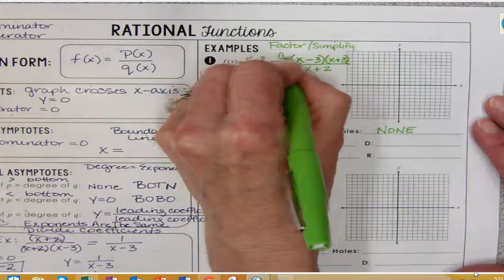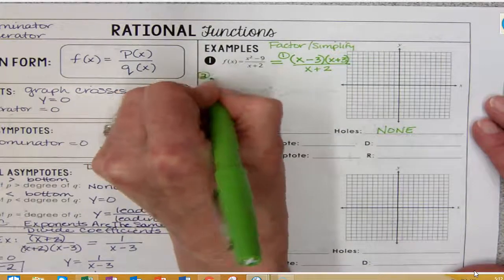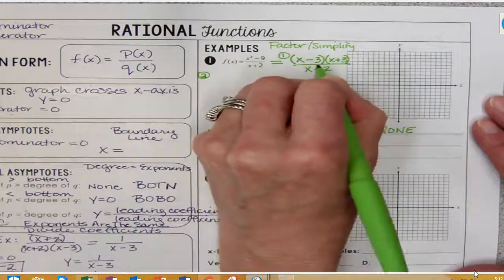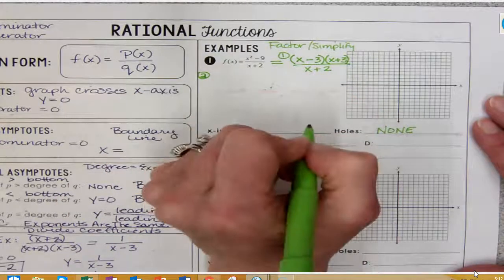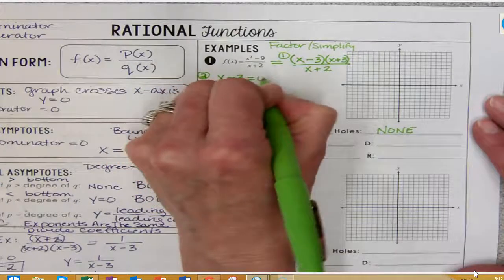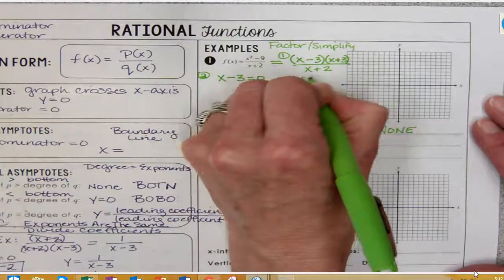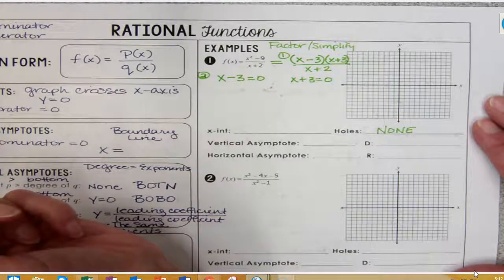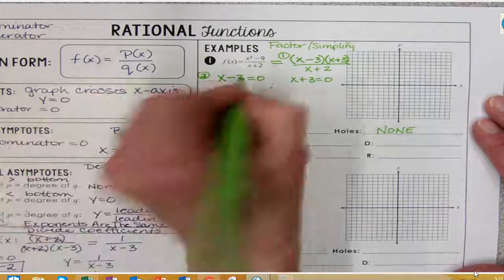So this was step 1. Step 2 is for my x-intercepts, and I'm going to put my numerator equal to 0. But I actually have 2 factors of my numerator, so I actually have to do it twice. X minus 3 equal to 0, as well as x plus 3 equal to 0. So that's telling me I'm going to have 2 x-intercepts.